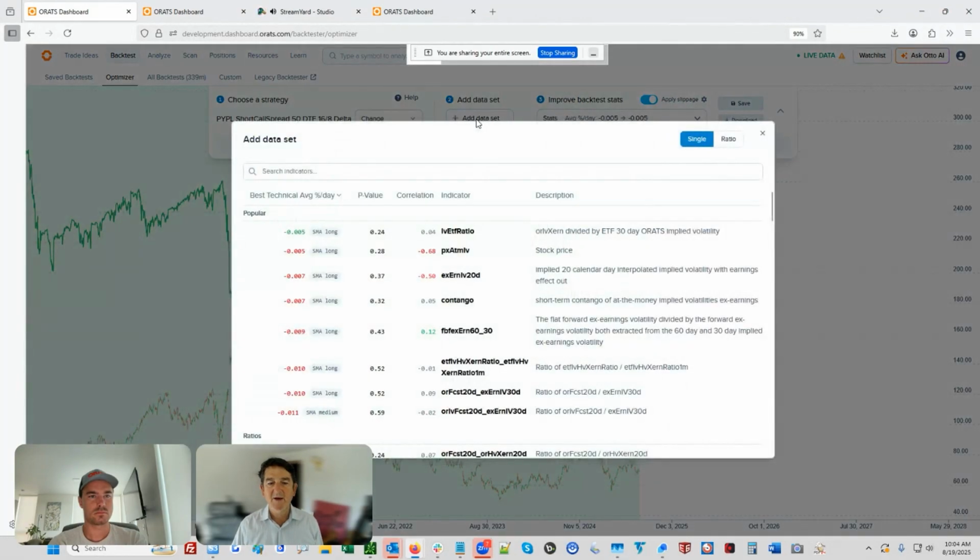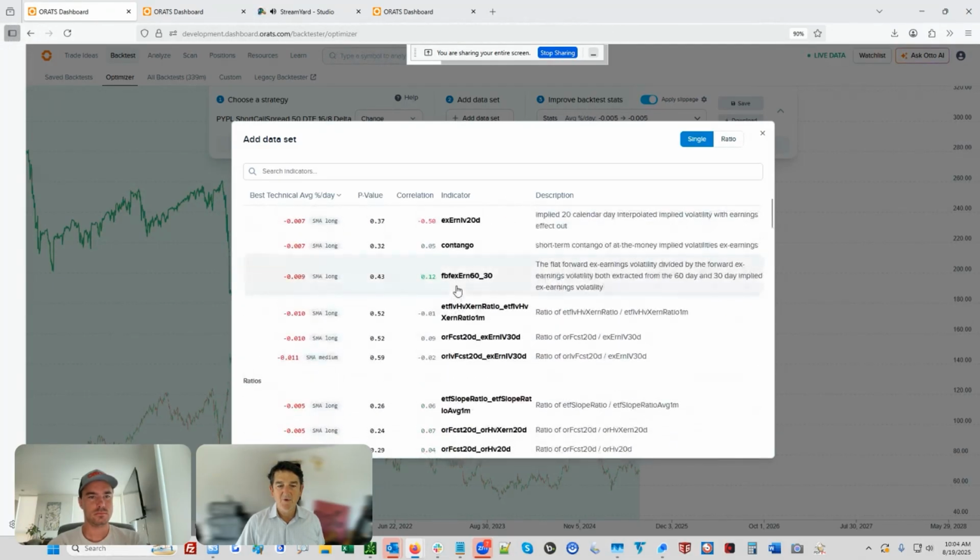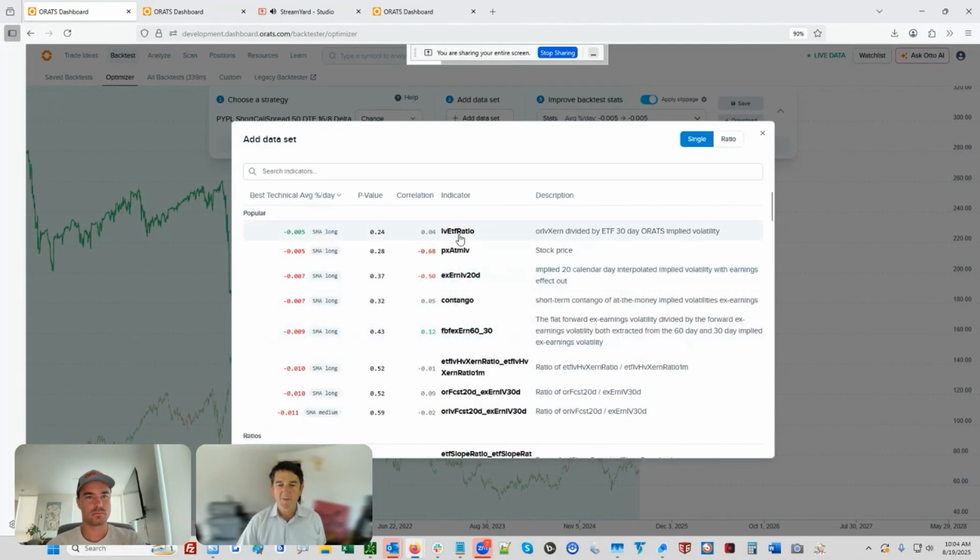What this data set will do is it will go calculate, looking at all these indicators. I know I'm scrolling fast through it just to show you the number of them, but we put what we think are the most popular or best ones up top. The top one right now is IV ETF ratio.